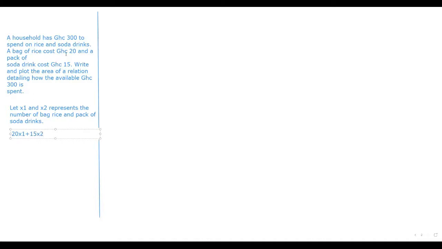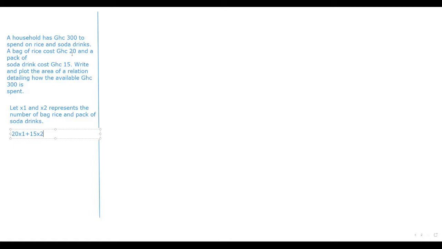Now, reading the question, they are talking about inequality. So there's nothing like equal to. It is either less than or equal to, or greater than or equal to. When we hear has to spend, has available, at most, you are going to use less than or what? Equal to.